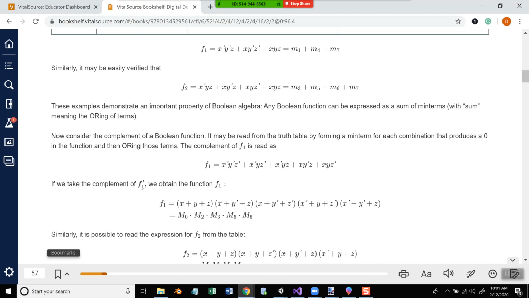Now, if you go backwards, if you take the complement of F1, F1 prime, then we obtain the function F1. So they kind of undo each other.